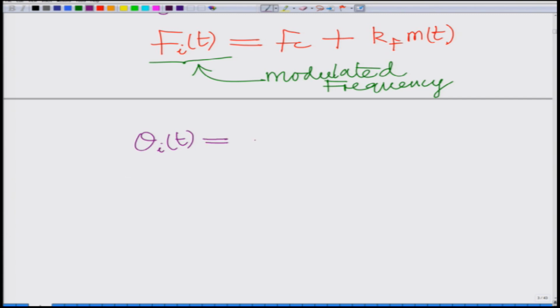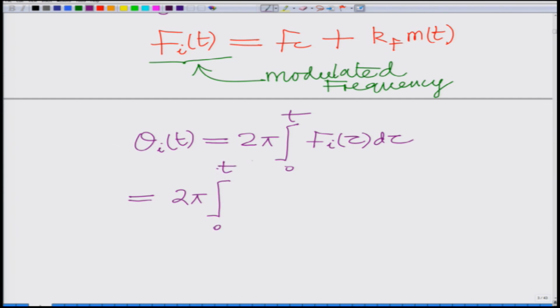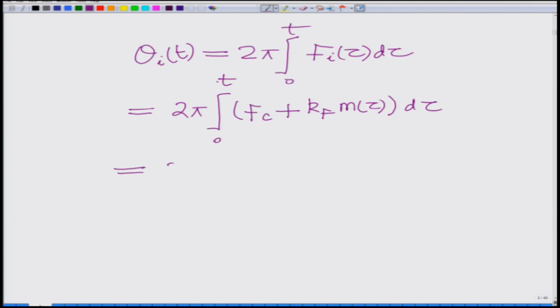theta_i(t) equals 2 pi integral 0 to t of f_i(tau) d tau, which is basically 2 pi integral 0 to t of (f_c plus k_f m(tau)) d tau, which is equal to 2 pi f_c t plus 2 pi k_f integral 0 to t of m(tau) d tau, since k_f is a constant.